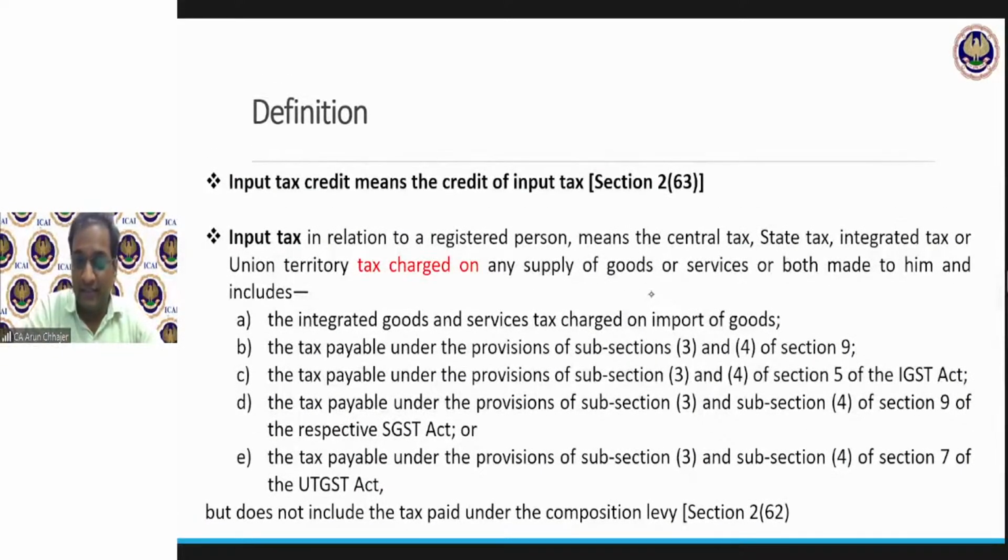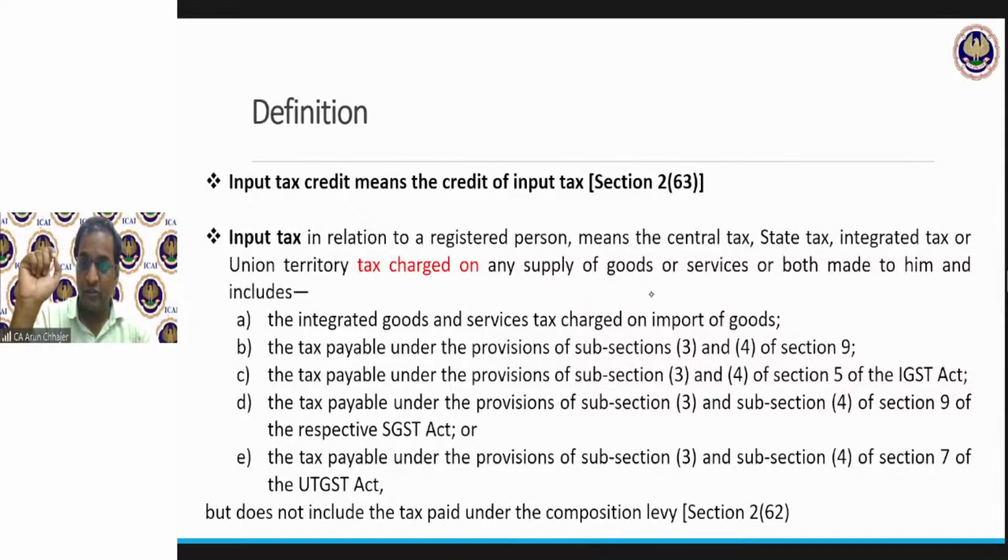What is the answer? Will it include the custom duty and cess, or will it not include custom duty and cess? Answer is it will include custom duty and cess, and the reason we had already discussed yesterday morning is section 15 subsection 2 clause A. Miss Arya, probably you were not there in yesterday's class, so you can visit the value of the supply and you will be able to understand why it is being added.